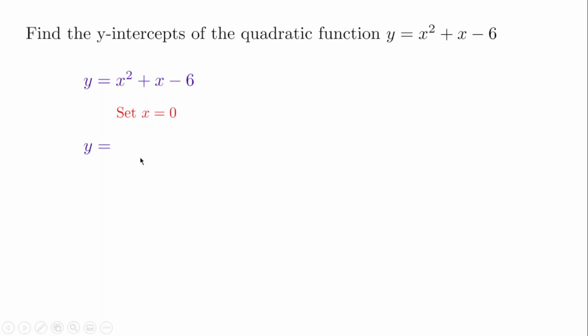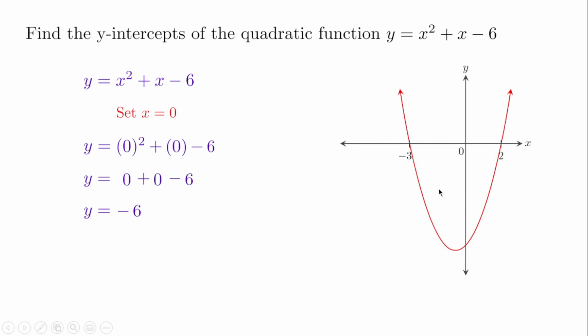So we have y equals, replace x with 0, so 0 squared plus 0 minus 6. We simplify: 0 squared is 0, plus 0 minus 6, that is negative 6. So the y-intercept is the point on the y-axis where the graph is going to cross.